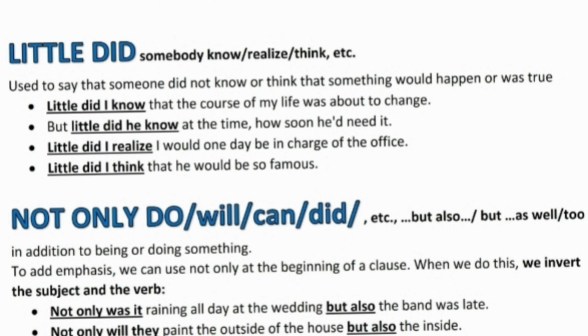When we do this, we invert the subject and the verb. Example: not only was it raining, but also the band was late. Another example: not only will they paint the outside of the house, but also the inside.